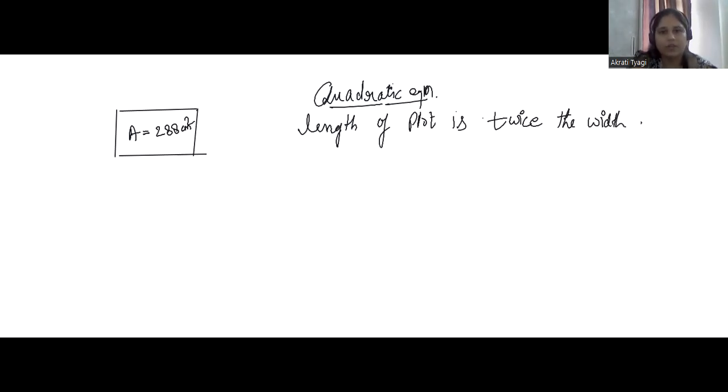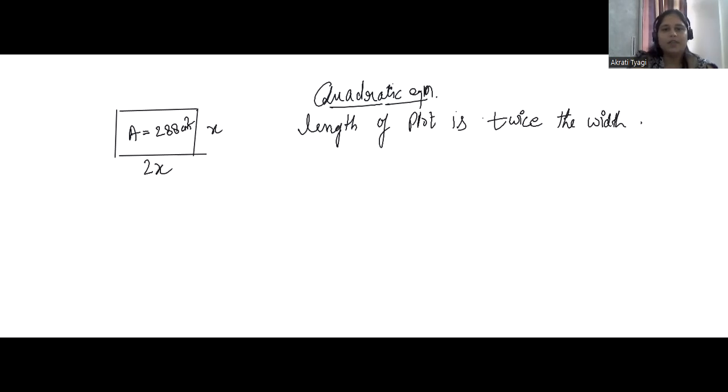So here what we have to do, first suppose the width is x, and the condition is the length is 2 times, so twice of this x, so it is 2x, and the area is given here. How can we find the length or the width?